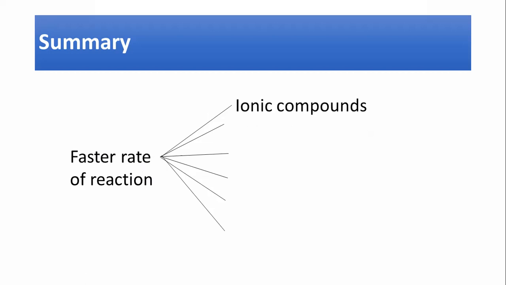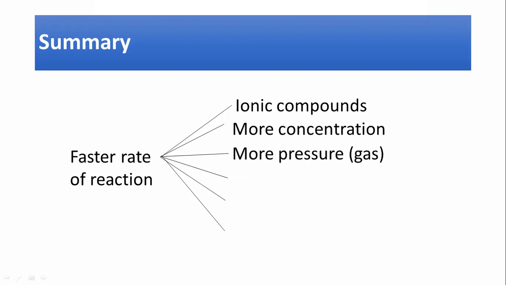And we have discussed, because ionic compounds are faster as compared to the molecular compounds. Second, if you take more concentration, then the reaction will be faster. Third, in case of a gas, if you increase the pressure on the gas, of course the rate of reaction would be faster.